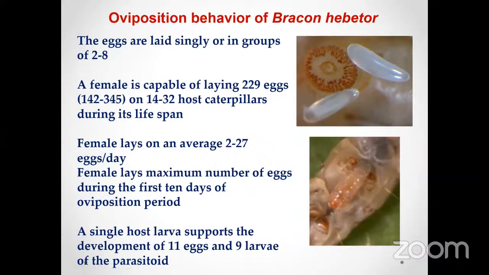A female lays an average of 2 to 27 eggs per day. The number of eggs laid depends on the host larval size. The bigger larvae can accommodate more eggs, and the smaller larvae will get very few eggs.